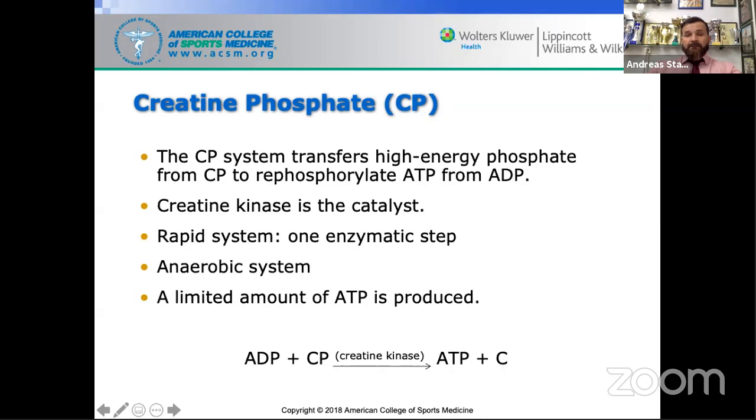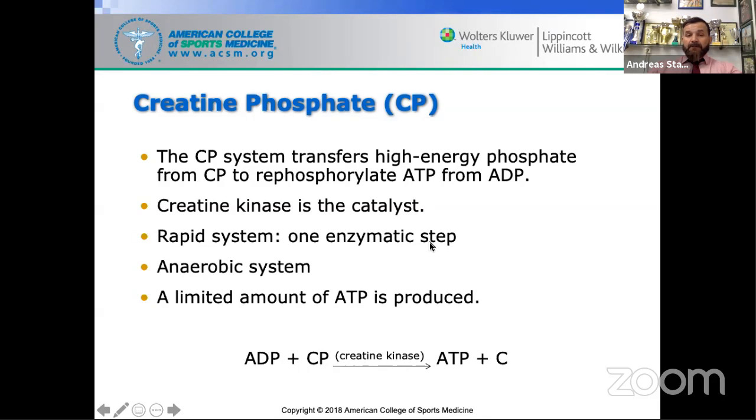The very first thing we can do is use creatine phosphate, CP, the creatine phosphate system. Here with creatine kinase, which is the enzyme, we get ATP, which is really important. So through this, from the ADP, we get the ATP. And of course, we just talked about the hydrolysis of ATP. Why do we use this system? Because it's a rapid system, as you see. One step, that's great.